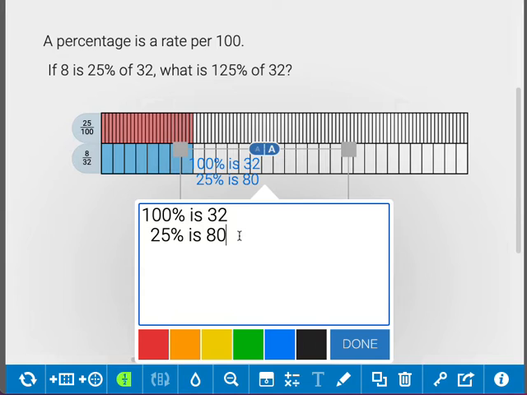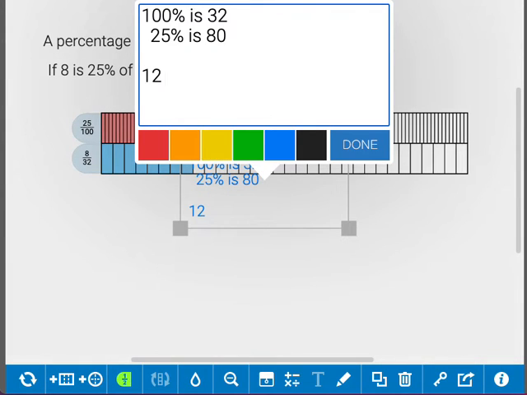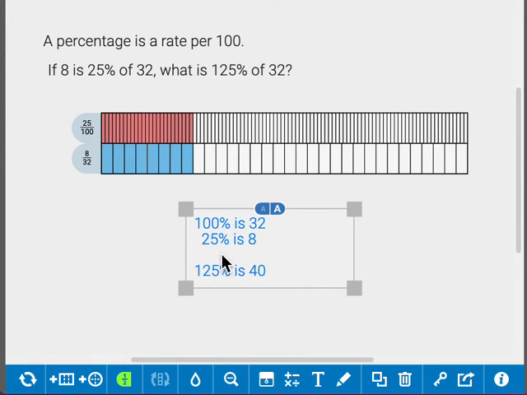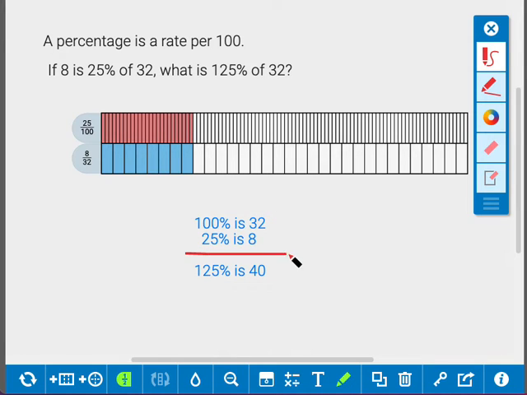And I can see that 125% is, oops, I said 80. It's 8. 125% is going to be 32 plus 8, which is 40. I better type that out. We're going to be combining those parts together to get to 125%.